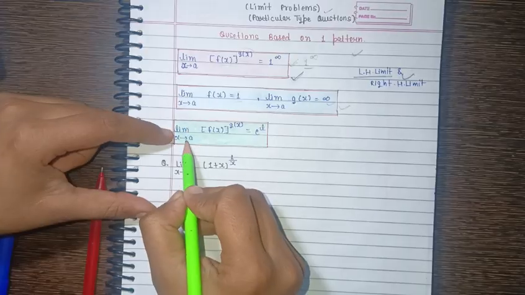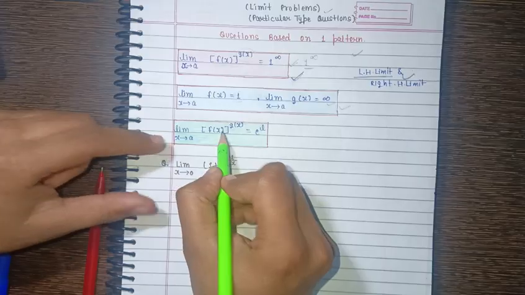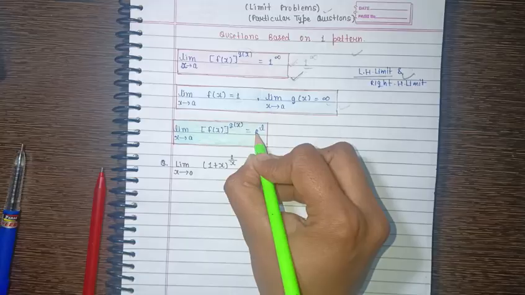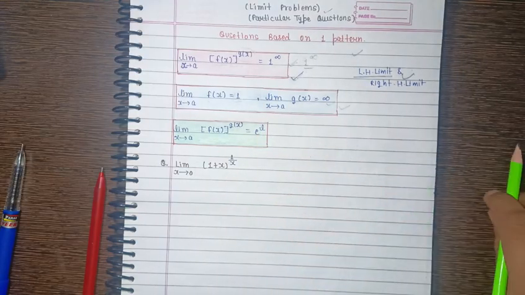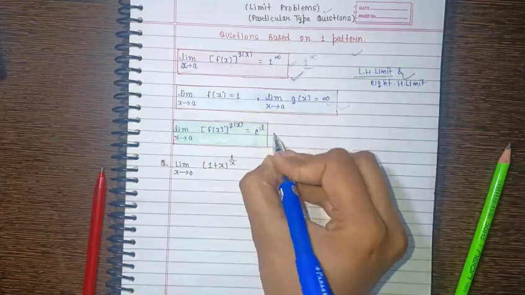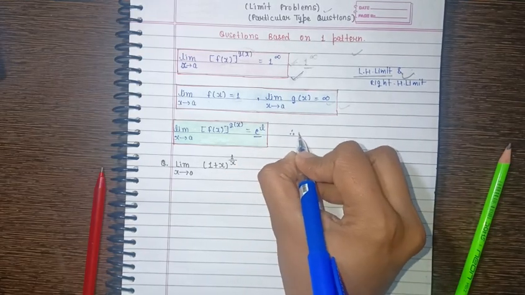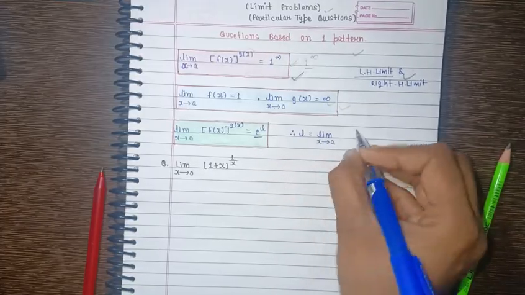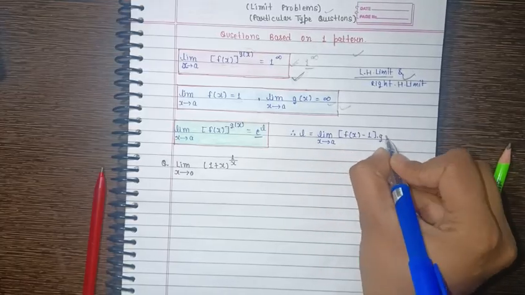Basically the question is given like this: limit x tends to a, f(x) power g(x). The answer is e power L, where L is limit x tends to a of (f(x) minus 1) into g(x).